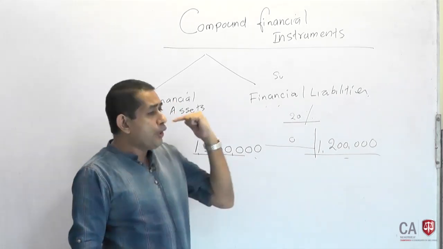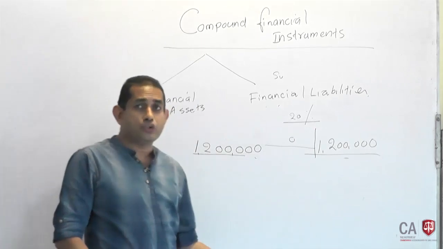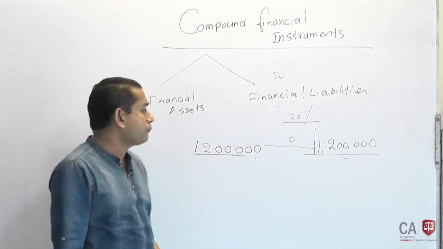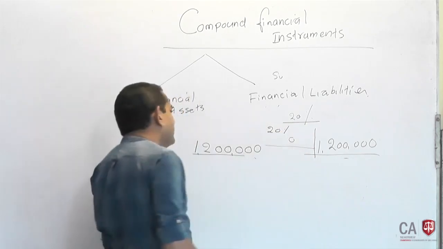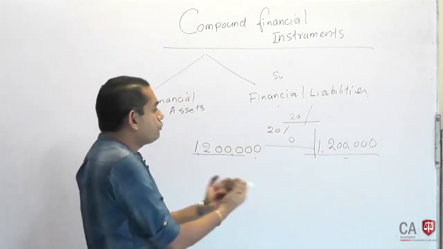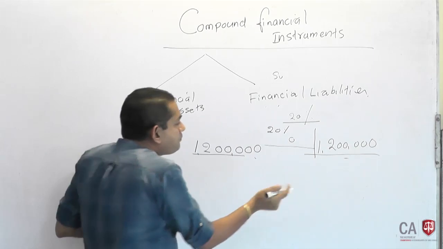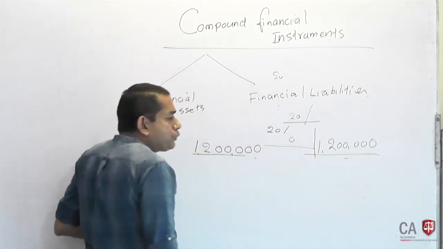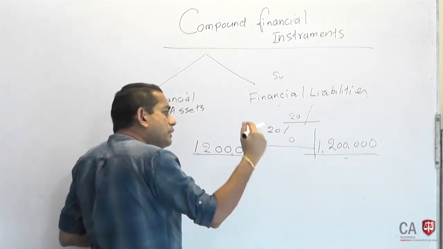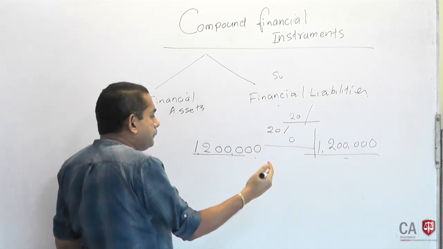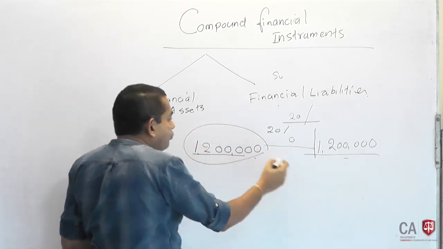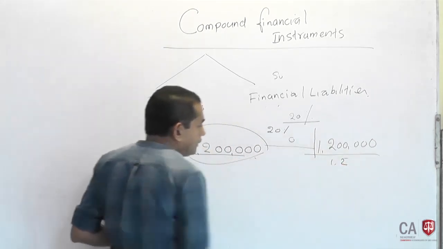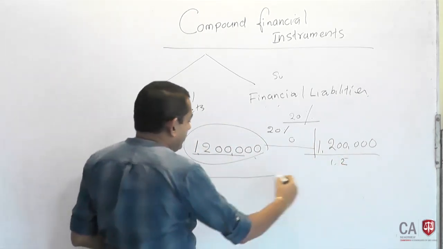If the option to convert it into share capital was not given, the market rate would have been 20, and that is the rate at which the loan would have been granted. Then, for 1.2 million to be the recoverable value in 1 year's time, at 20% market rate, what would have been the loan granted? 1 million.